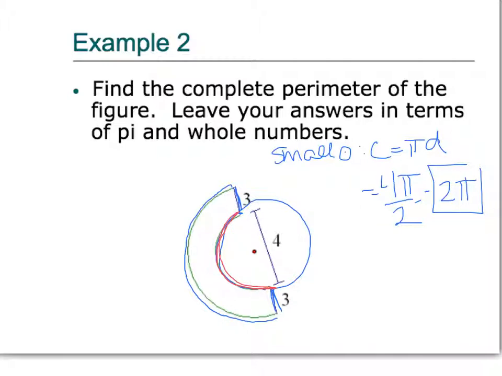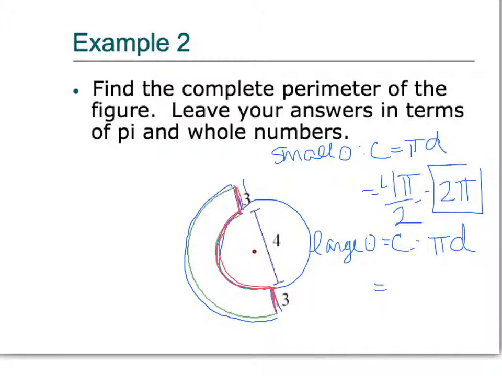So I have 2 pi, I have 3, I have 3. Now let's find that outer circumference. And so now for the large circle, and I'll here write large circle, the circumference is going to be also pi times the diameter. The diameter here is what?